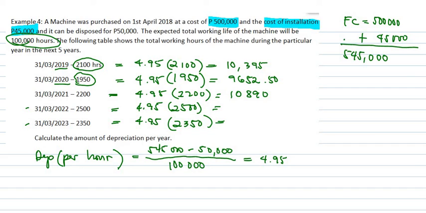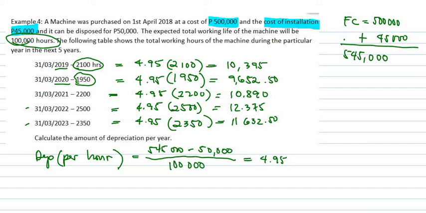For the following year 2022, 4.95 by 2,500 is equivalent to 12,375. And then 4.95 times 2,350 is equivalent to 11,632.50.